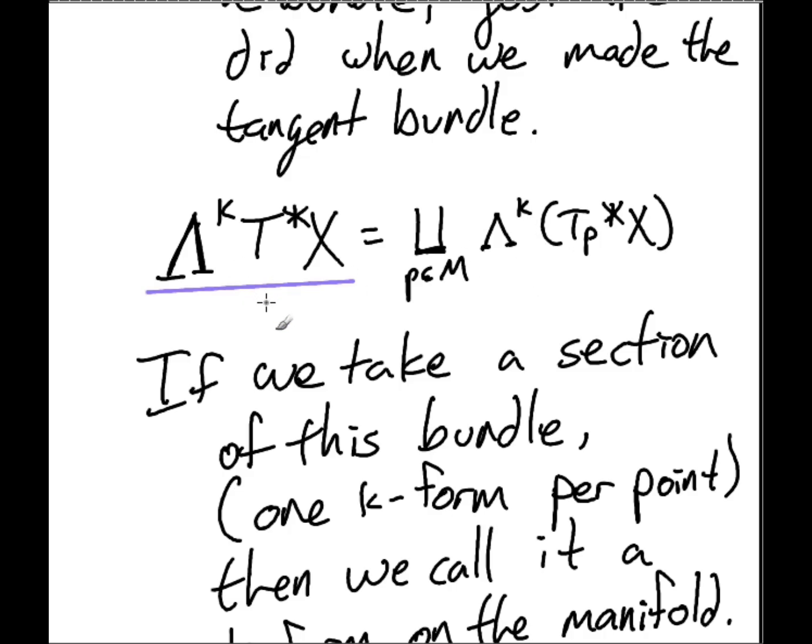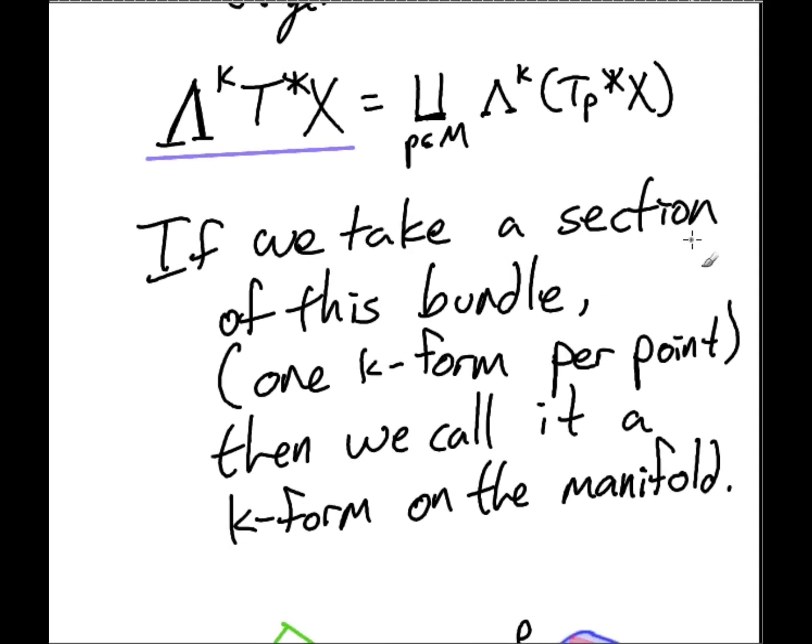Here, we want to describe any k-form in terms of what it does to a point in the manifold. Each point is going to have its own tangent space and its own k-form associated to it. And that is the section that we choose. The section is the part where we choose just one thing from each of these spaces to associate to each point of the manifold. One k-form per point. And that is a k-form on the manifold.